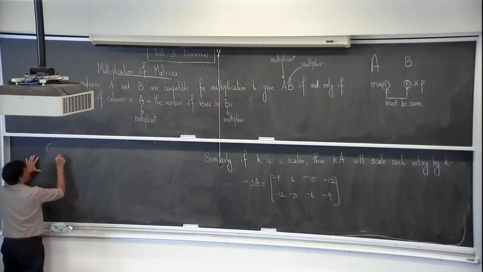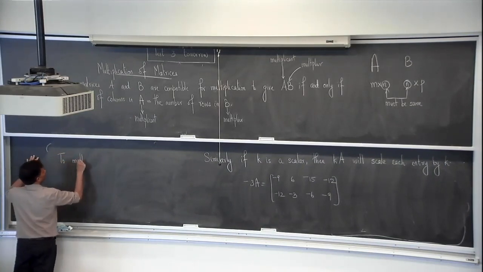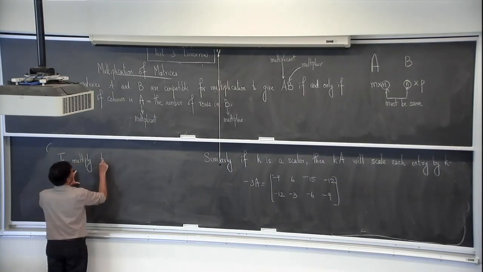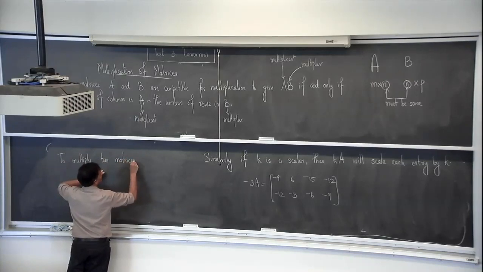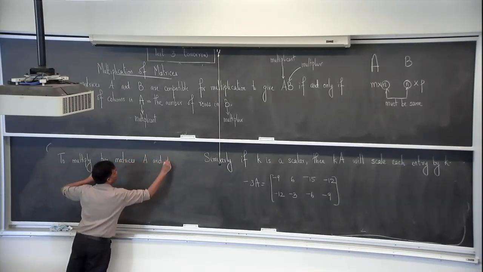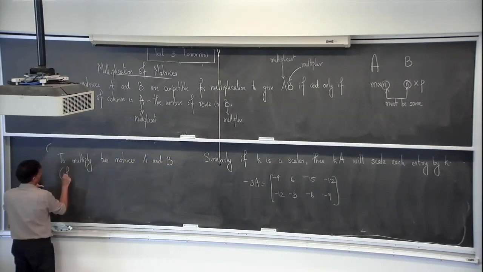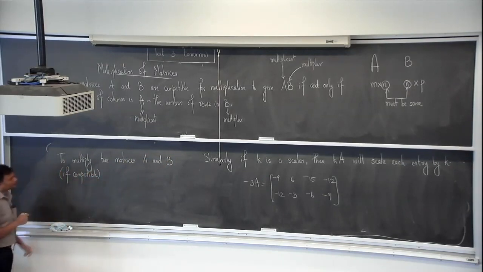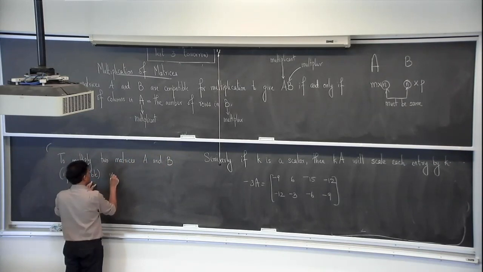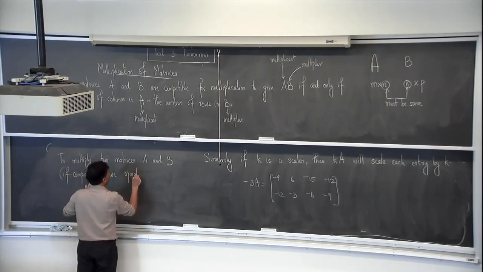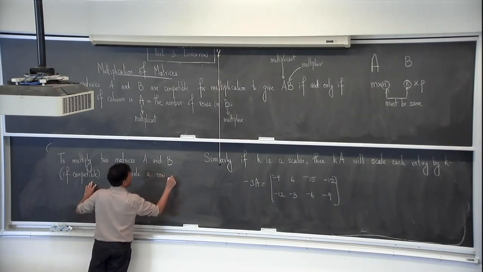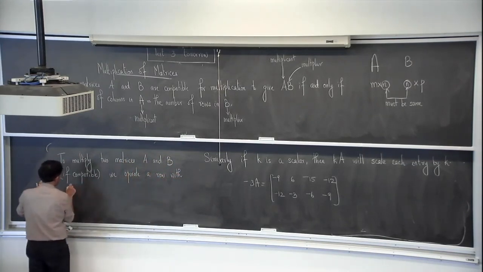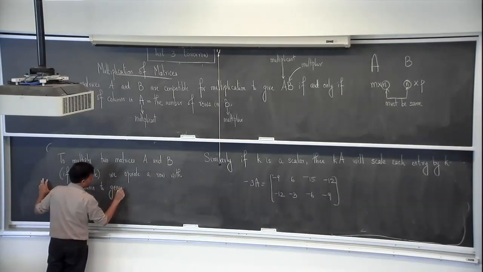So to multiply two matrices A and B, once they're compatible, we operate a row with a column to generate a single element.